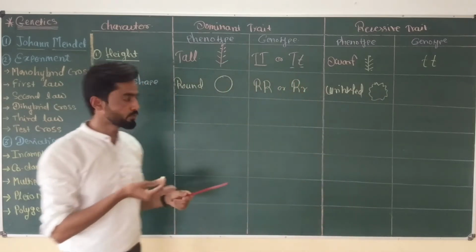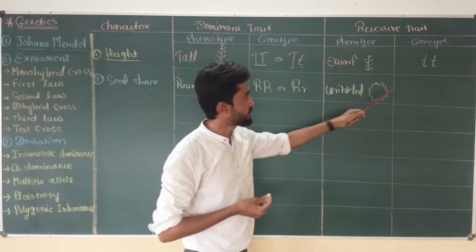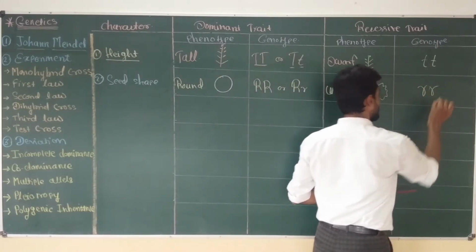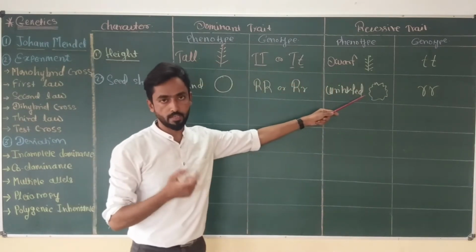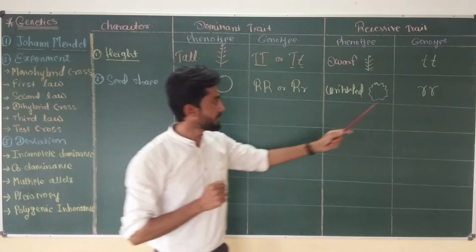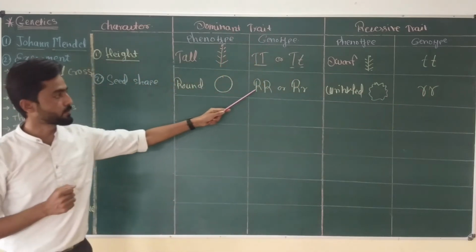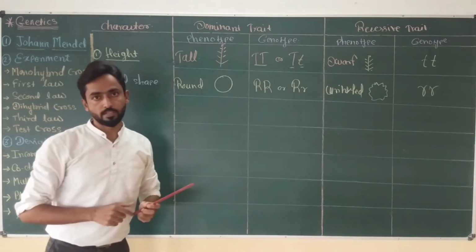It is not smooth and rounded, but it shows wrinkles. And the genotype for this seed is small r, small r. Because it is a recessive character, it only expresses in homozygous condition, but a dominant character can express itself in homozygous as well as heterozygous condition.